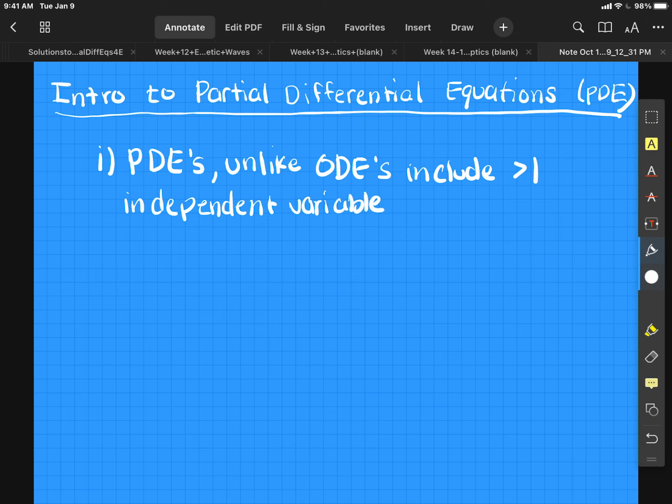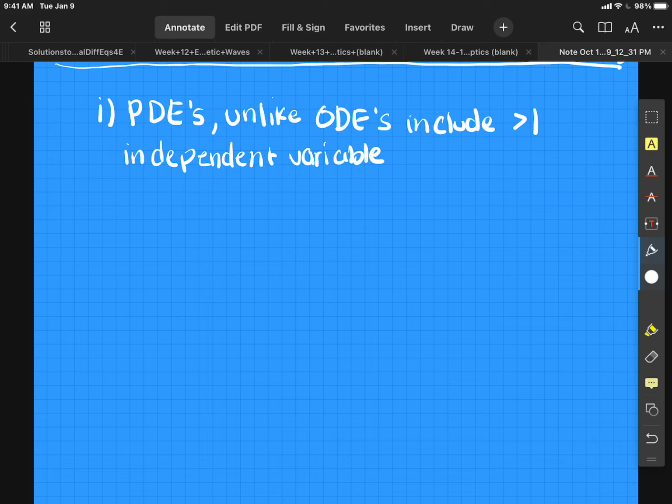So what's an example of this? Well, think back in your differential equation class, and when we were dealing with a differential equation of one variable. The best example that I like to go back to is the Newton's law of cooling example.